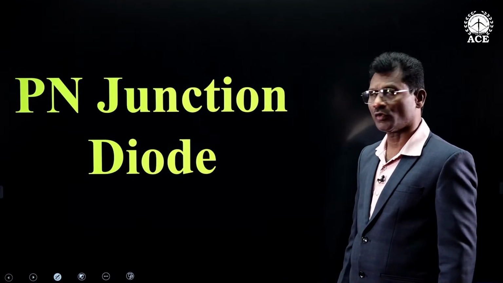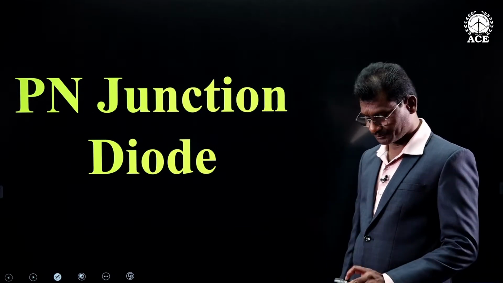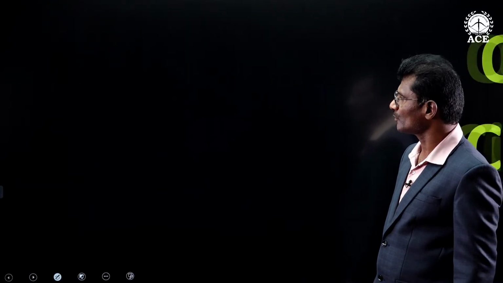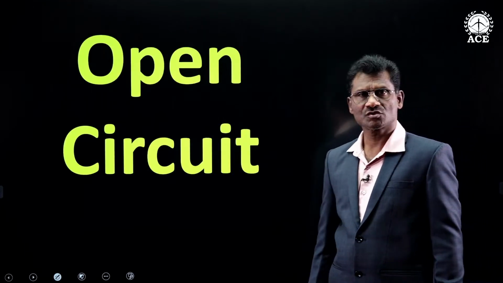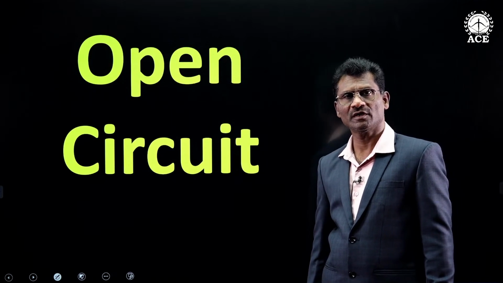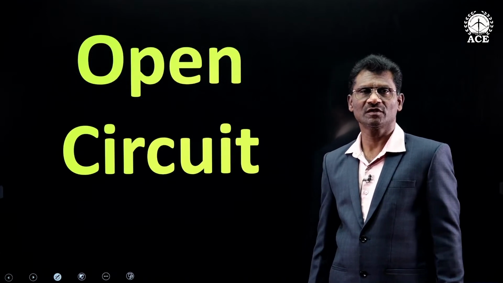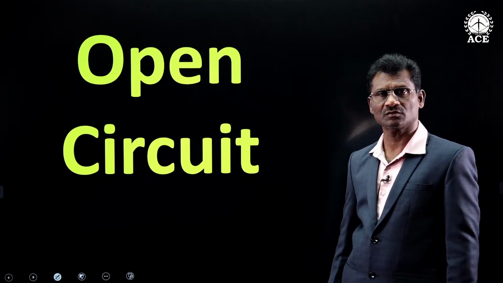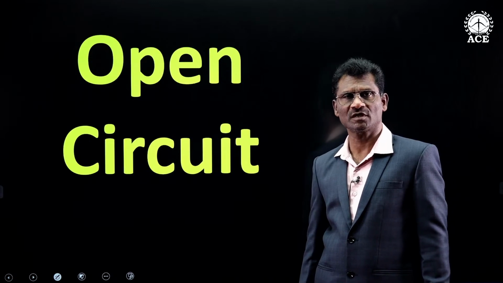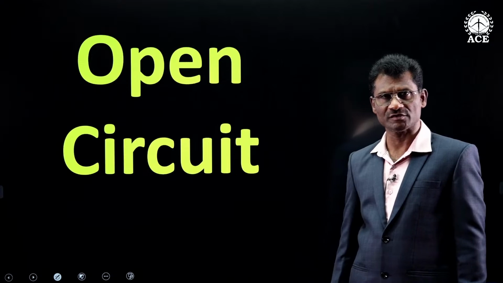We move on to the first topic, the PN junction diode, open circuited. The PN junction diode is one of the base devices. If you understand the operation of a PN junction diode, you can understand the operation of all other electronic devices.